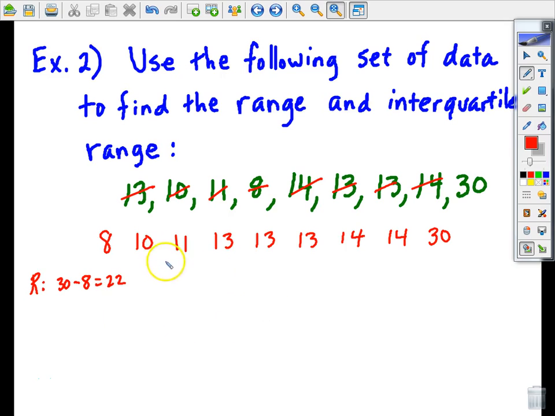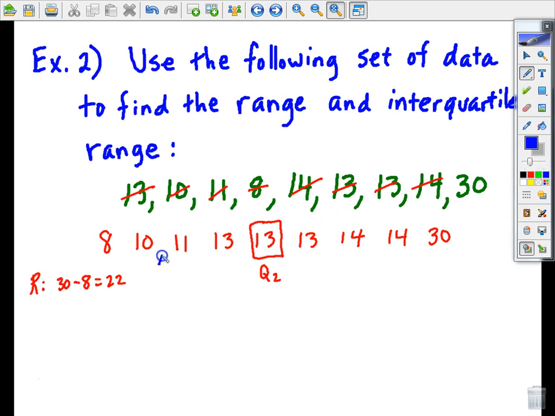For interquartile range, I need to find the quartiles, and that starts with Q2. All right, so with an odd number of data points, my median is shown. The number in the middle of this data set, we call Q2, is 13. And that divides my data up into 2 groups of 4.